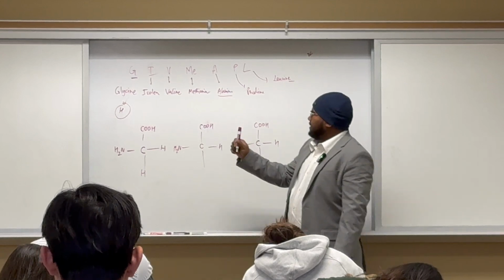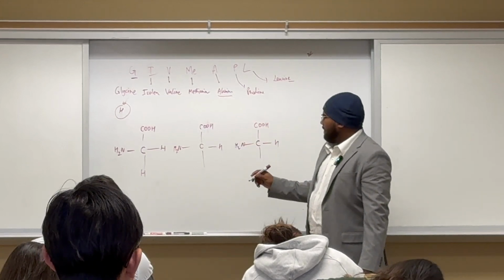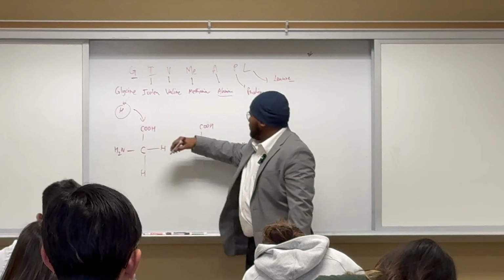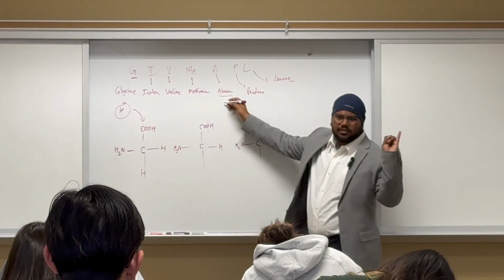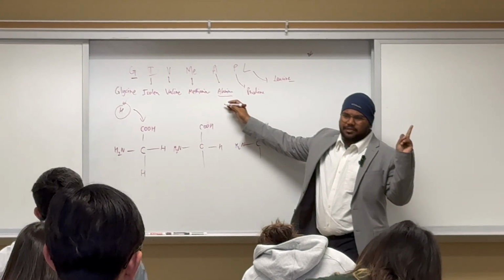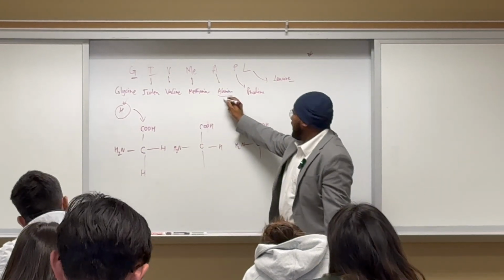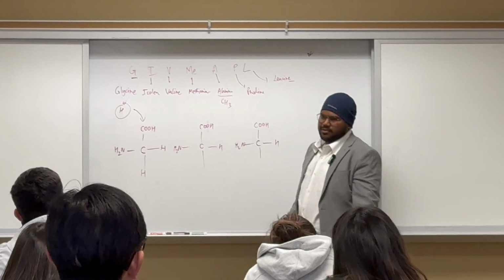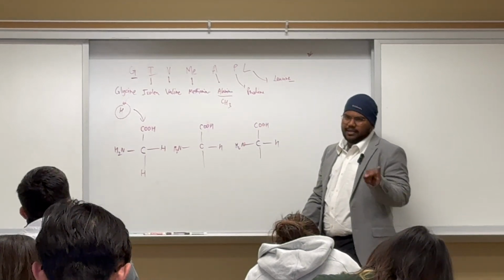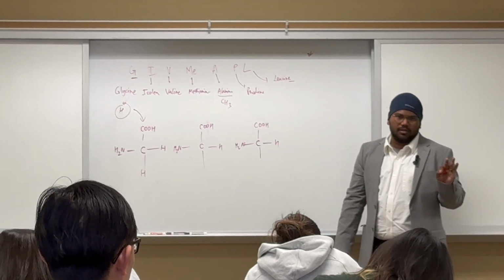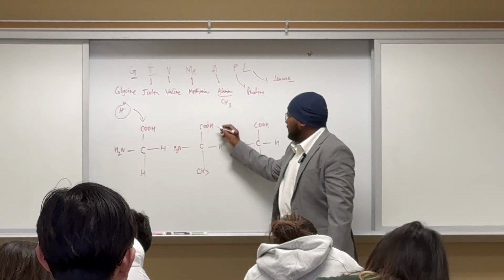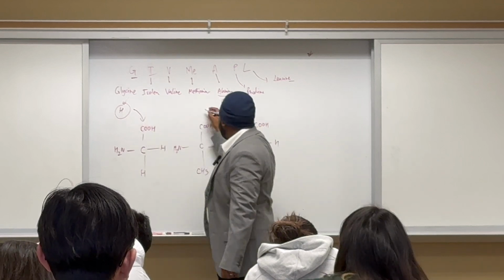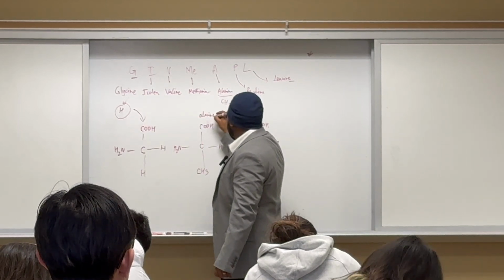First simplest is glycine, second simplest is alanine, and alanine has a CH3. Glycine has hydrogen and alanine has a CH3 group. So we'll write down CH3; this is glycine and this is alanine.